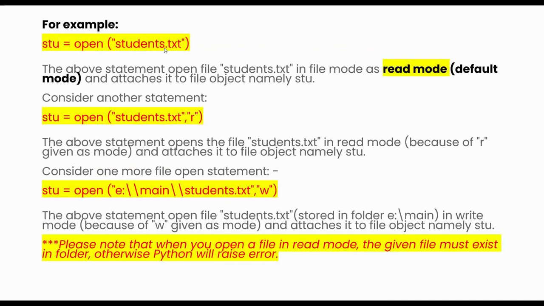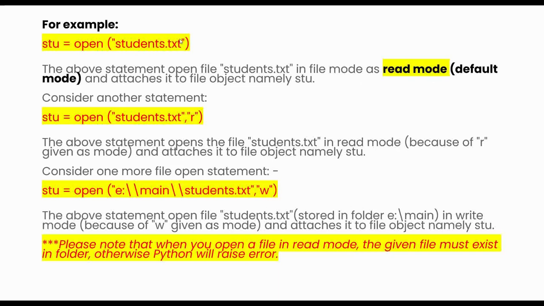Over here I've given some examples. I'm going to call stu my file object. The open method gives two important pieces of data. students.txt is the file name and the mode is missing. Now mode is optional. If the mode is missing, by default the file will be opened in read mode.